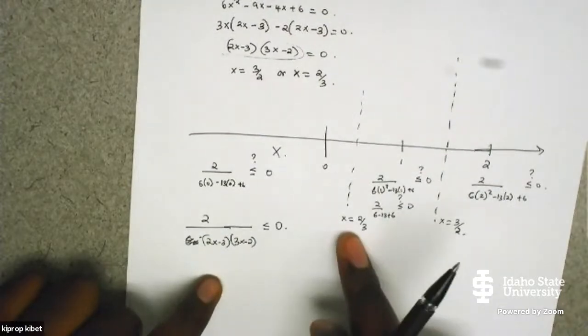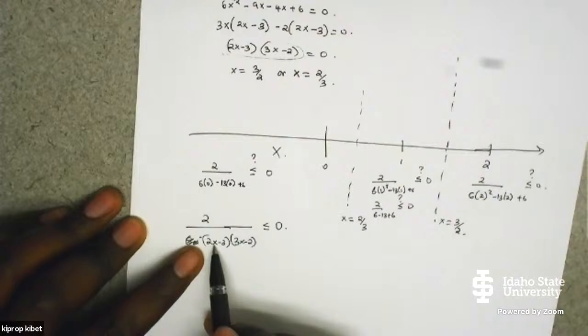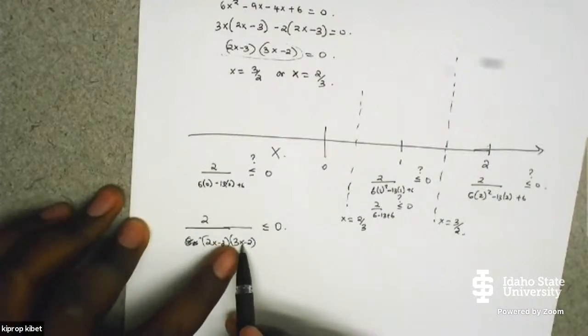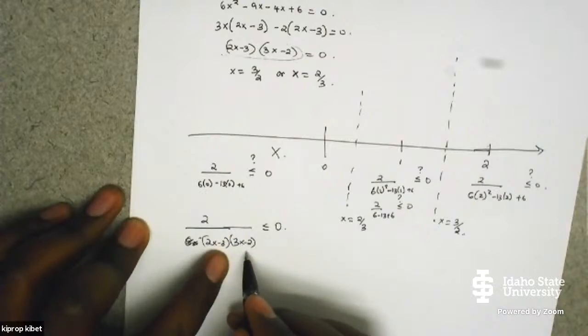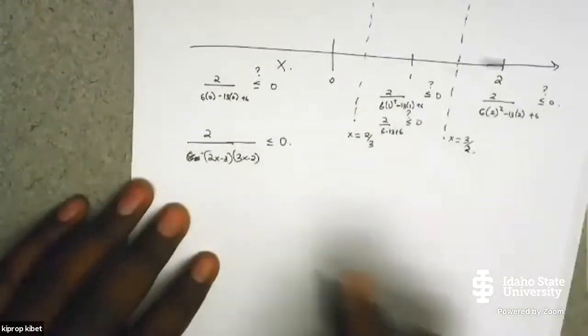So if we put here x equals 2/3, we get 0 here, right? Are we seeing this?